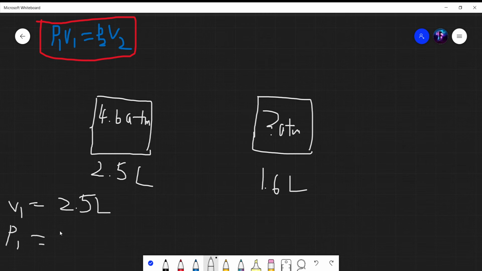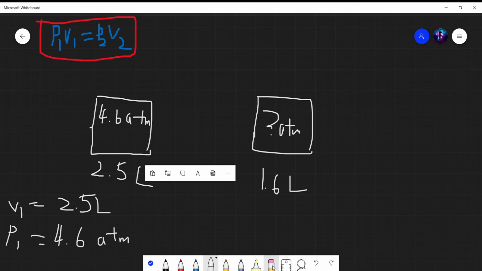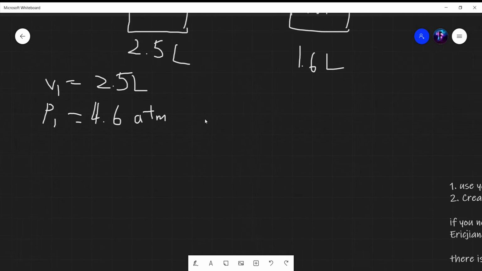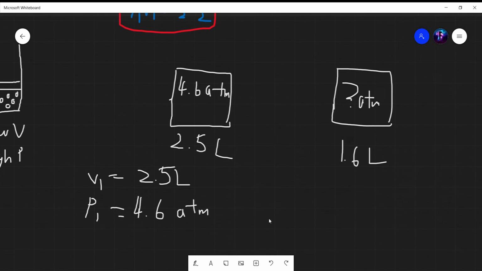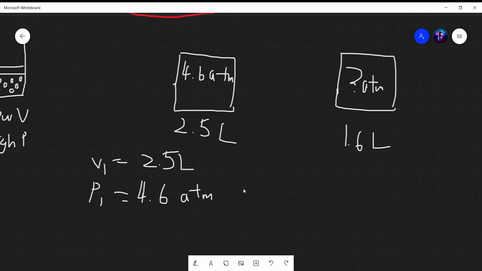And P1, which is this one right here, is 4.6 ATM. You want to include the unit ATM, because my teacher always says you should always include the units, for example, 24 centimeters or meters.